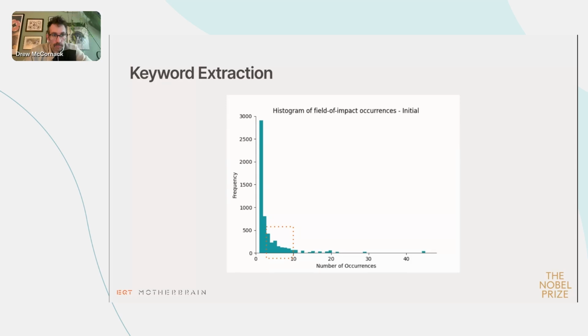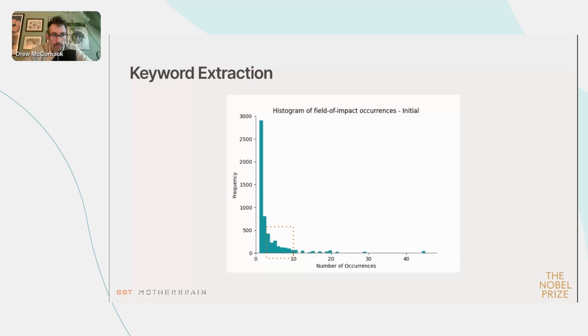So after we did the first round of extraction, here is a histogram of the number of laureates attached to each keyword. You can see we have a fairly long tail, but on the very left, we had about 2,900 keywords that were only attached to a single laureate.